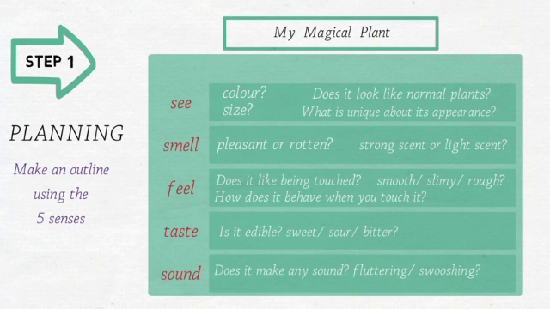Or it makes no sound at all and is silent and mute. So in the planning stage, the first stage, we have to think about all these important characteristics. Once we have decided which characteristics our imaginary plant will have, we can then move to step 2.